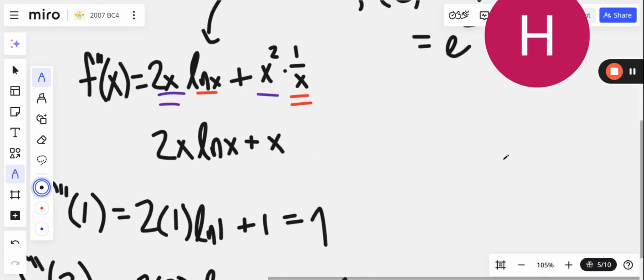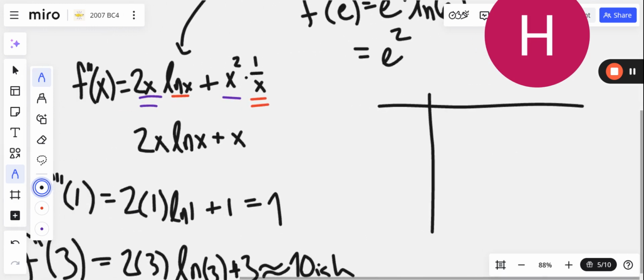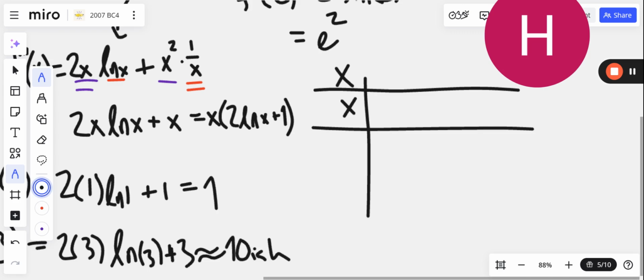That's worth noting, but in case you wanted to be really precise, let's put this on a chart really quickly. If we factor this as x times (2 ln x plus 1), then we have our factors written as such: x, and 2 ln x plus 1. When does 2 ln of x plus 1 equal 0? When would this possibly equal 0?